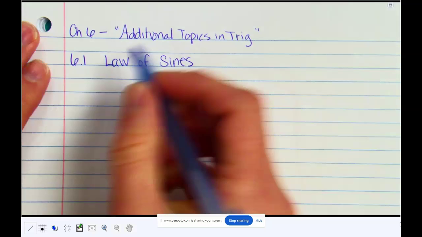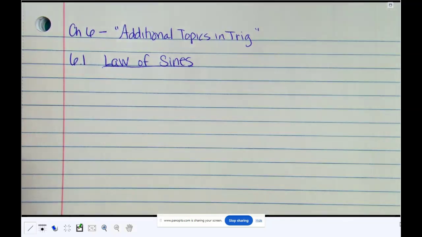Now, the difference between what we did and what we are doing, that says law of sines, Javon, is that everything we talked about in chapter 4 and chapter 5 involves right triangles. What we're talking about in this chapter are non-right triangles.